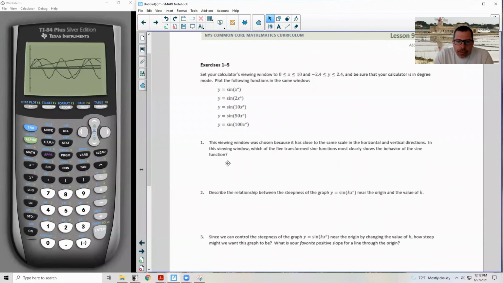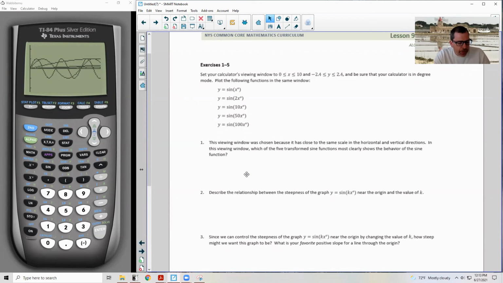Okay, so now number one says, this viewing window was chosen because it has close to the same scale in the horizontal and vertical directions. In this viewing window, which of the 5 transformed sine functions most clearly shows the behavior of the sine function? So when we're looking at these, obviously the first 3 it was getting better, but we didn't see one full period of the sine function until we got to sine of 50.